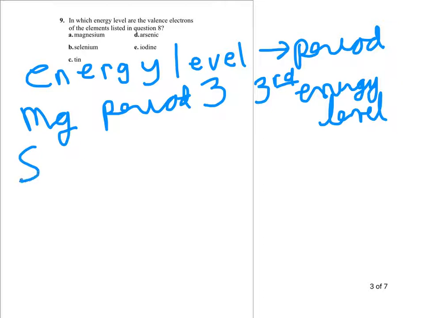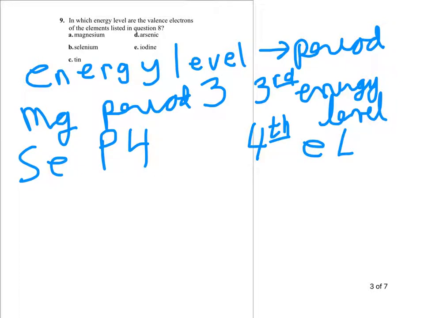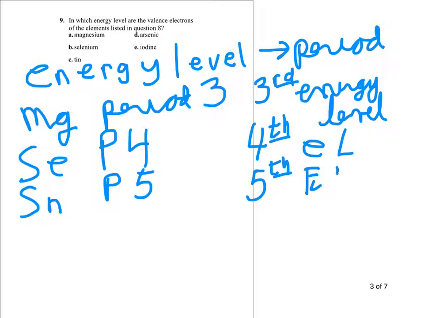Selenium, Se, I'm going to abbreviate period, just do P, so it's period 4, meaning our 4th energy level. And I'm just going to use EL for energy level. Tin, Sn, is in period 5, meaning we're looking at the 5th energy level.